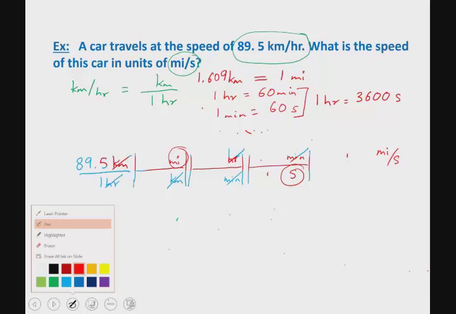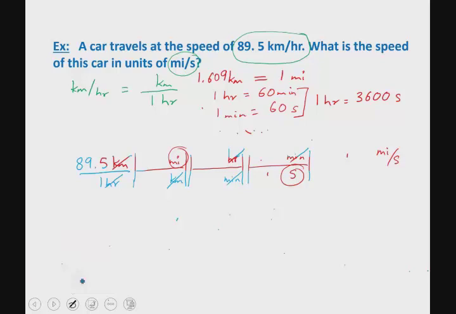Okay, so let's go ahead and plug in all the other numbers here. So we know 1 mile equals 1.609 kilometers. We also know that 1 hour equals 60 minutes and that 1 minute equals 60 seconds.